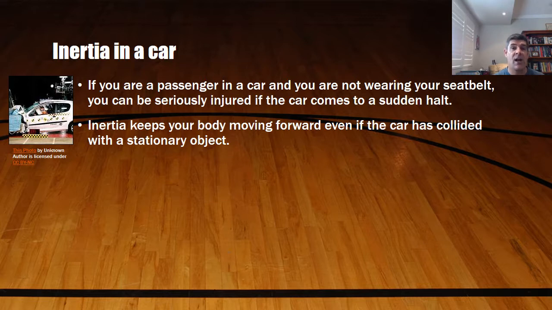So if you're sitting in a car traveling at 60 kilometers an hour and it comes to a sudden halt, you will continue to travel at 60 kilometers per hour unless some other force acts on you. If it's an airbag or a seatbelt, it might slow you down more gently than if you hit the windscreen or the dashboard. This is an application of inertia, or Newton's first law, and we'll certainly have a lot of different examples of that in class for you to look at.